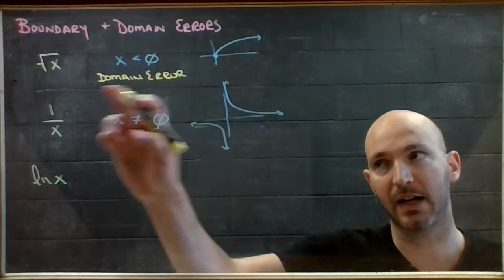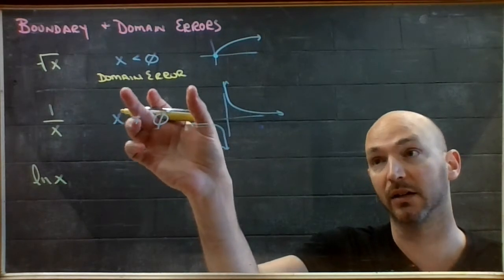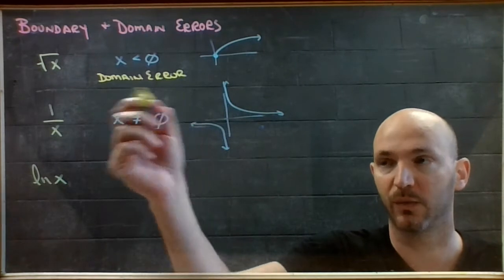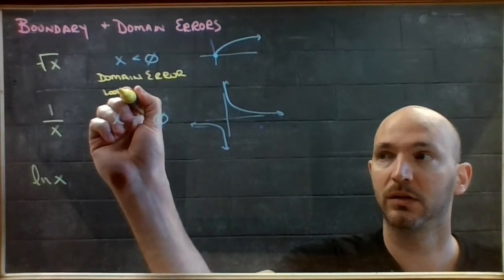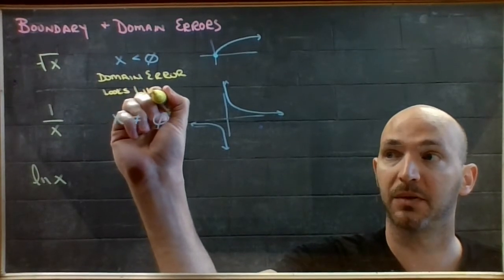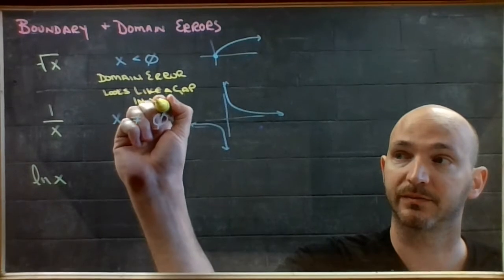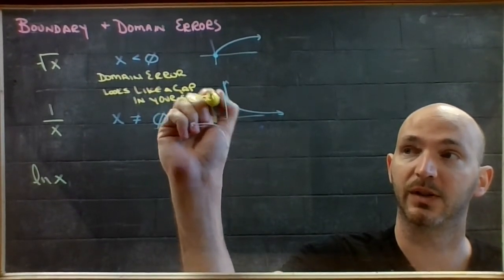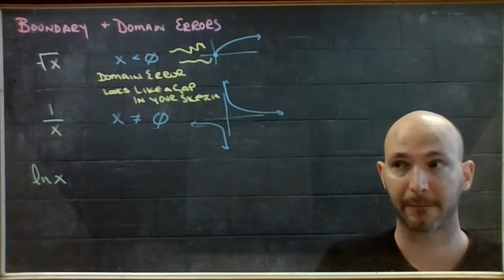So if you have something like this, there is a set of inputs that will provide an error, and because it's a set of them, not just a single one, we call it a domain error. And what it looks like is it looks like a hole or a gap. Looks like a gap in your sketch. So you can see that here, all this space over here, where there is no function.